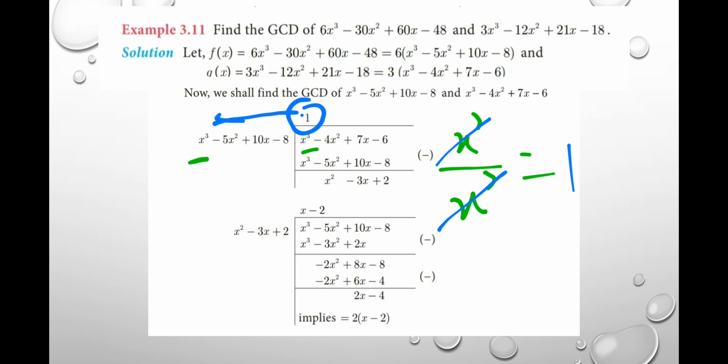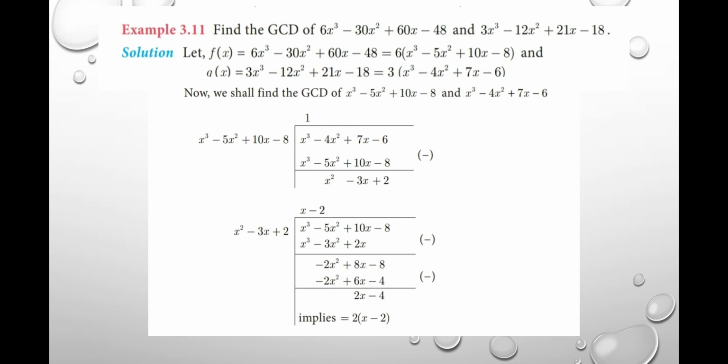You get the same terms: x cube, minus 5x square, plus 10x, minus 8. Now subtract. If you subtract, the signs should be changed: minus, plus, minus, plus.